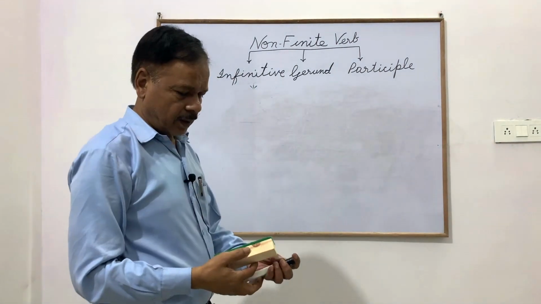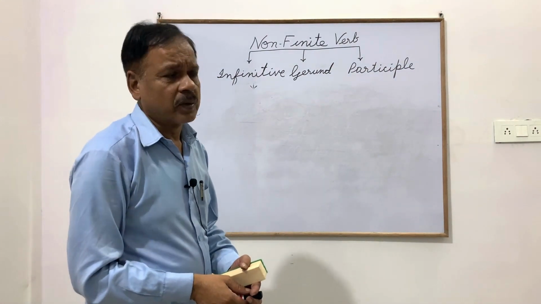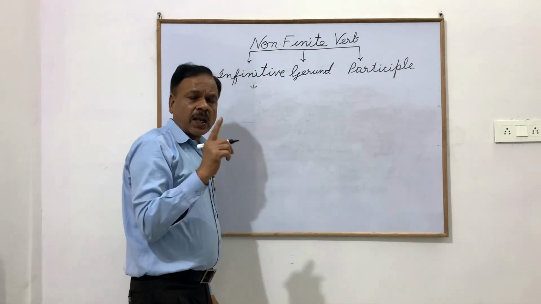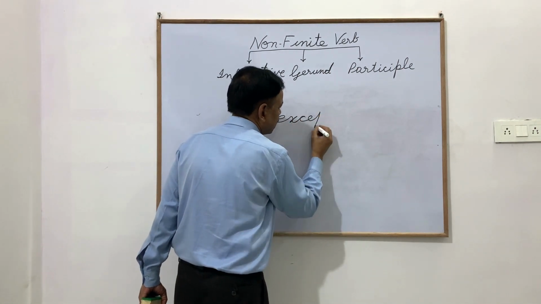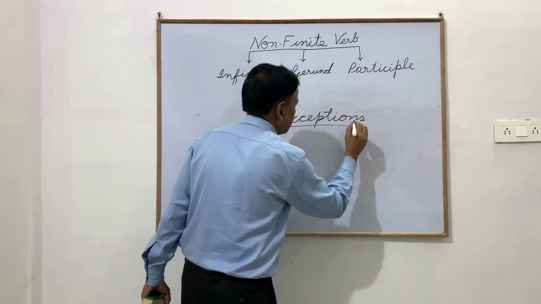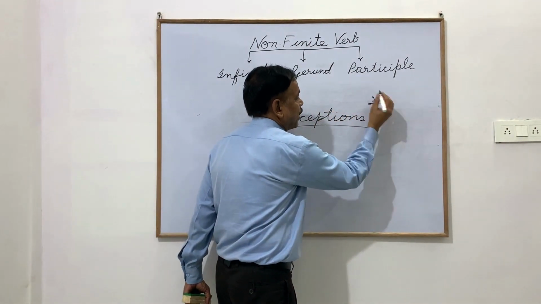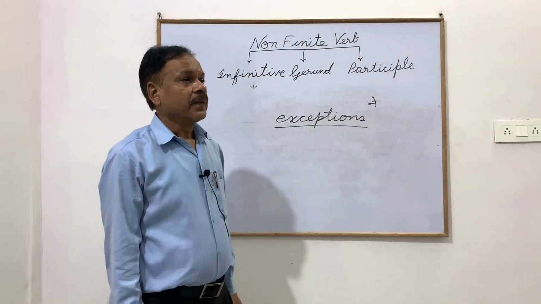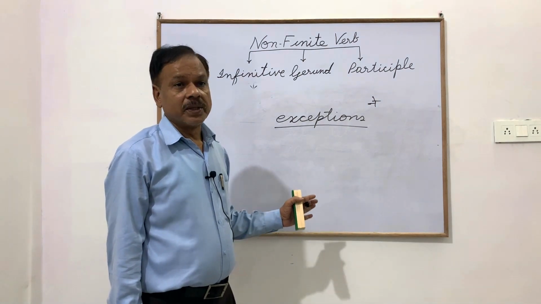now again, there are other uses of bare infinitives also. They come after some of the modals. This is an exception. Exceptions, you understand? Exceptions. That means where this formula does not apply. That is when the bare infinitives are followed by modals.